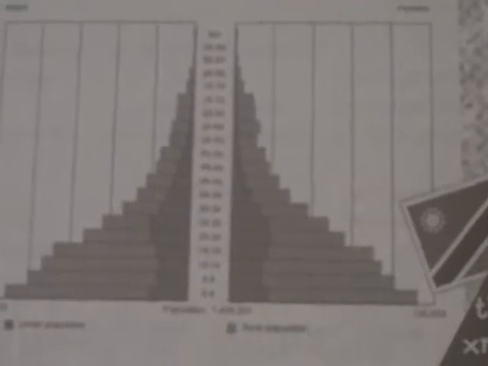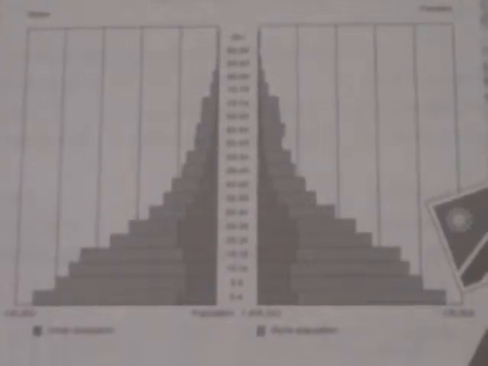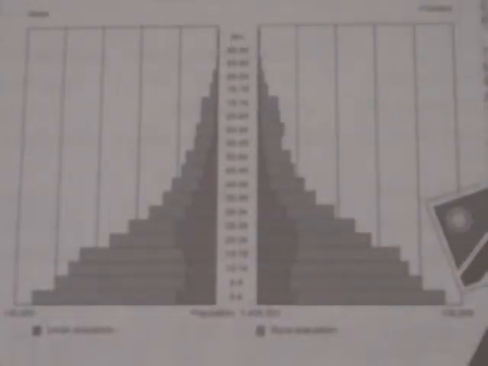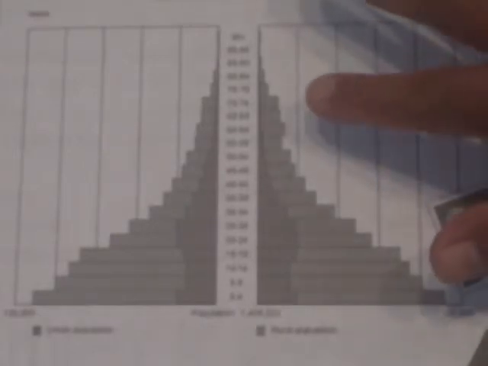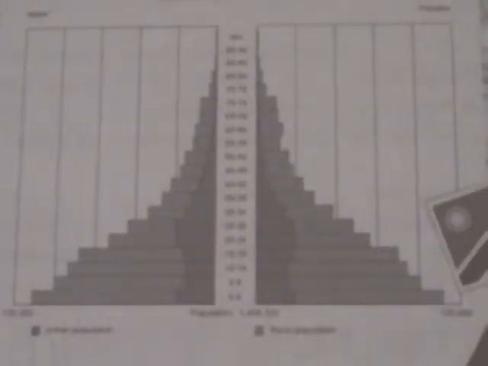Here's the Christmas tree. As you can see, as it goes up, population's decreasing. The Christmas tree is telling us that this country is less developed. Some of the things that you can infer from this type of population pyramid is that as they get older, the population is decreasing.